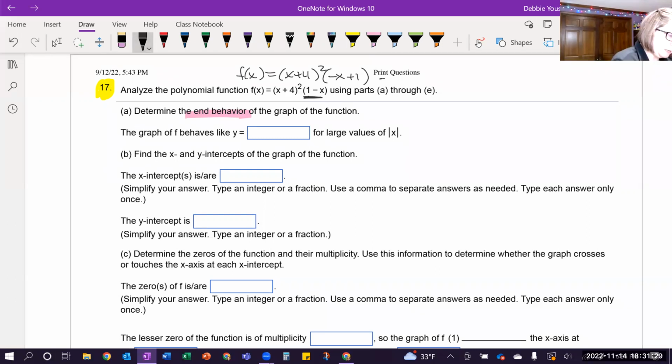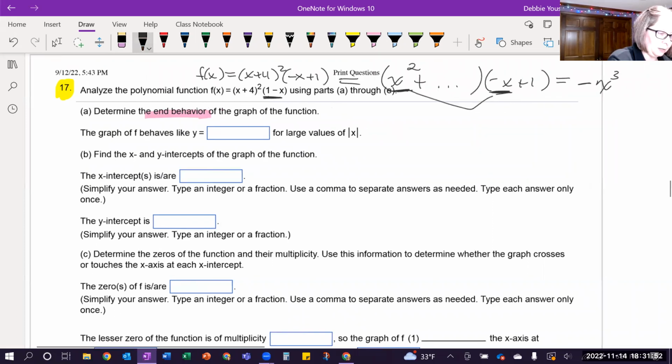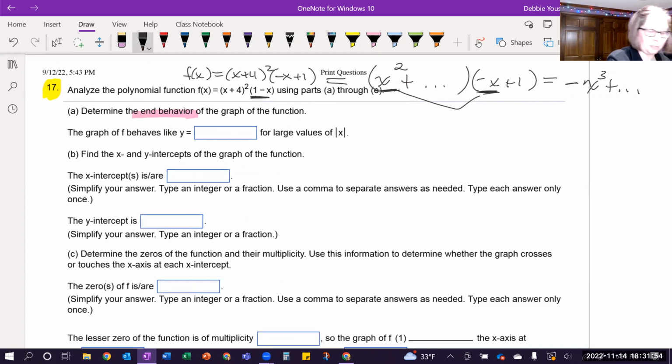So this would eventually become an x squared plus a bunch of other terms that I'm just going to ignore for the moment, and then times a negative x plus 1 for this other factor. Well, then I would take my x squared and my negative x, and I'd multiply those together, and I'd get a negative x cubed plus a bunch of terms I don't really care about at the moment.